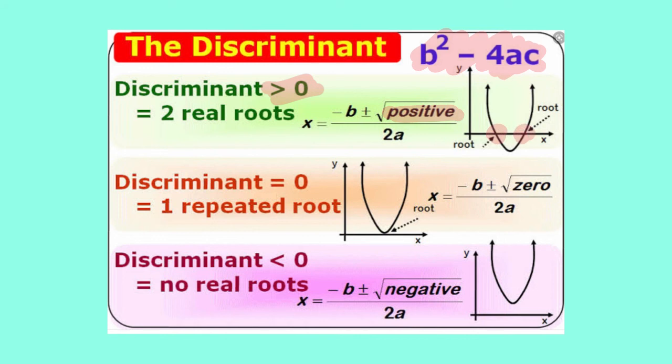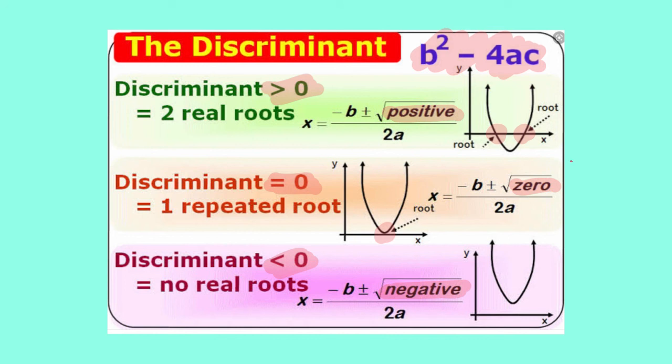If the discriminant is equal to 0, the quadratic will have 1 root or 2 identical roots. If the discriminant is less than 0 or negative, the equation will have no roots at all, as the quadratic does not cross the x-axis.